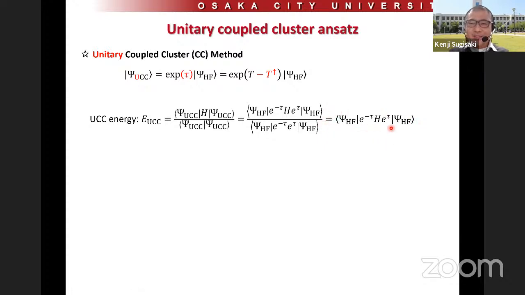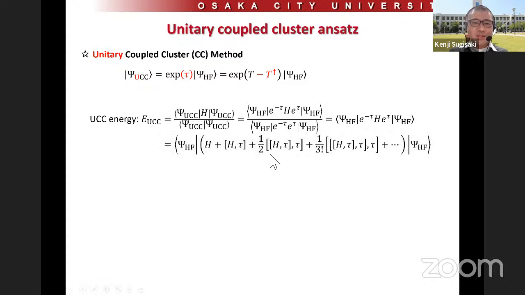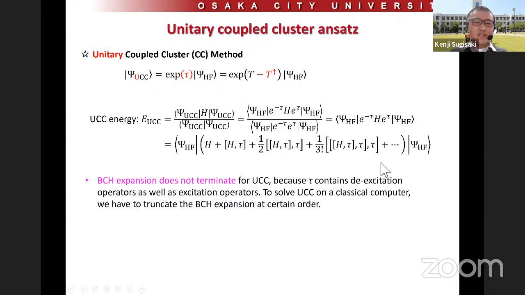And this term, exponential minus tau, H exponential tau, can be rewritten by using the Baker-Campbell-Hausdorff expansion, as shown here. But unfortunately, this BCH expansion doesn't terminate for unitary coupled-cluster because tau contains the excitation operators as well as de-excitation operators. So in order to solve this unitary coupled-cluster on classical computers, we have to truncate the expansion at a certain order.